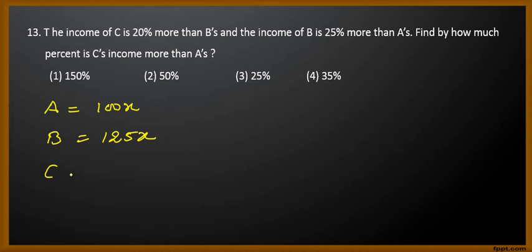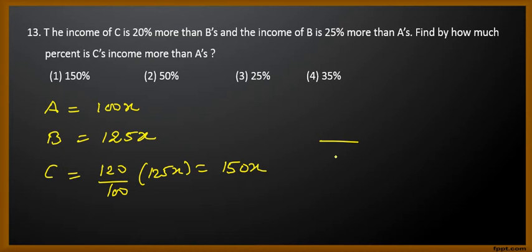And C's income is how much? 20% more than B's income. So 120 by 100 into B's income, that is nothing but 150x. What is the question asking? Find how much percentage C's income is more than A's income. So here what is the reference value? A, because you are comparing with A's income. What is required? How much percent more.